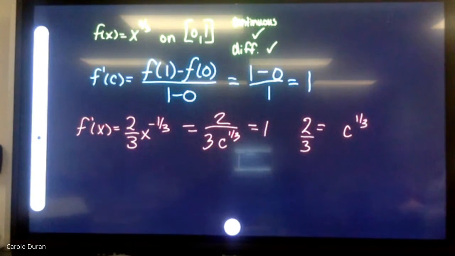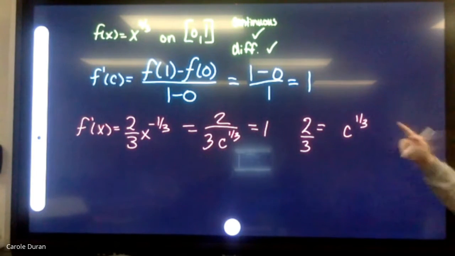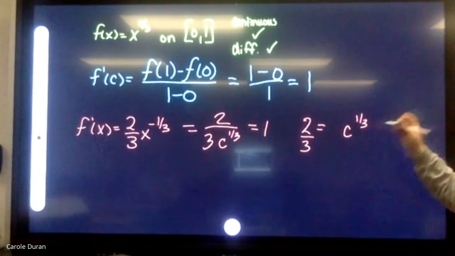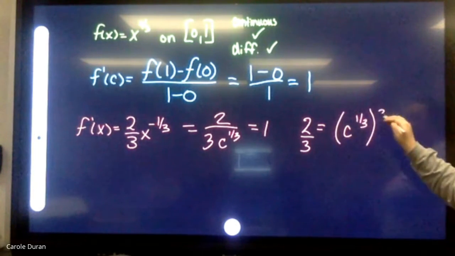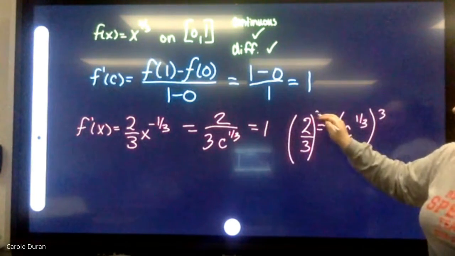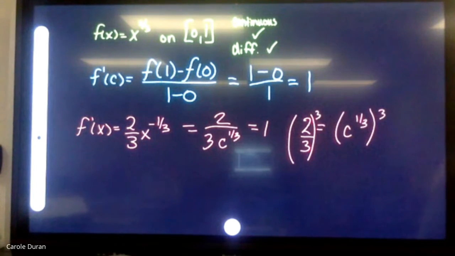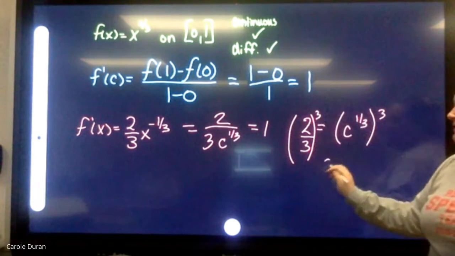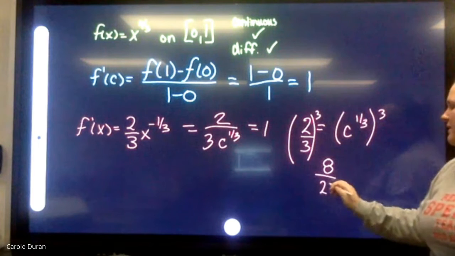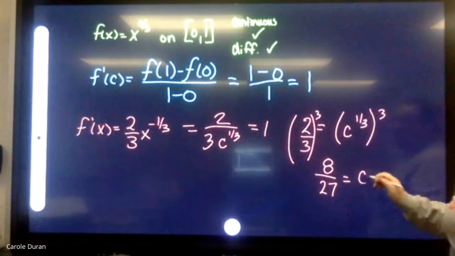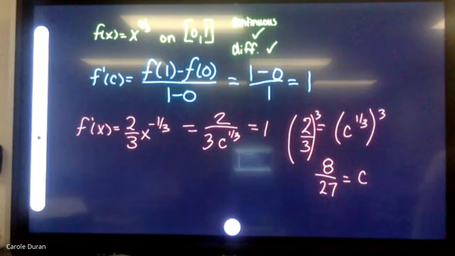How do I get rid of a 1/3 exponent? Take it to the cube. So the whole number that's going to cancel out that 1/3 is 3. So I cube both sides. And then I have 2 cubed is 8, 3 cubed is 27, and c to the 1/3 cubed is just c.